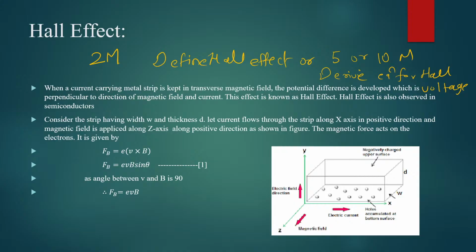So simply, when the current carrying strip is kept in a transverse magnetic field, a potential difference is developed which is perpendicular to the direction of the magnetic field and current.